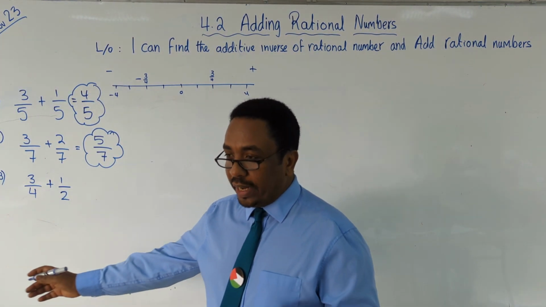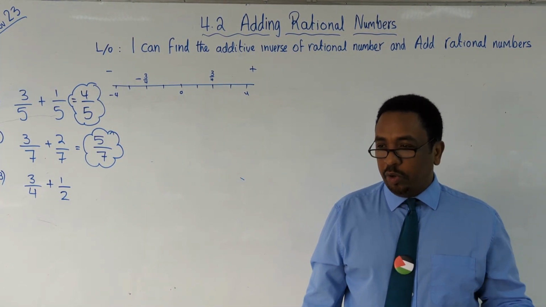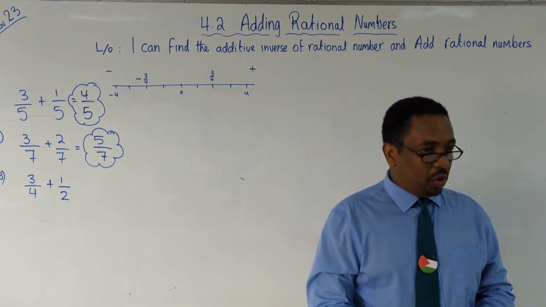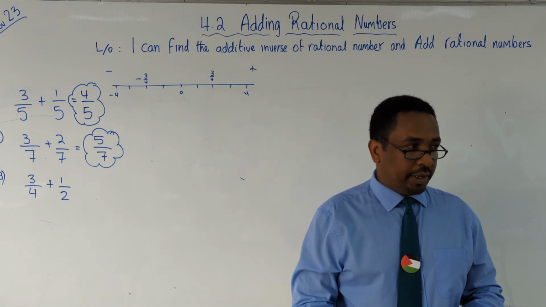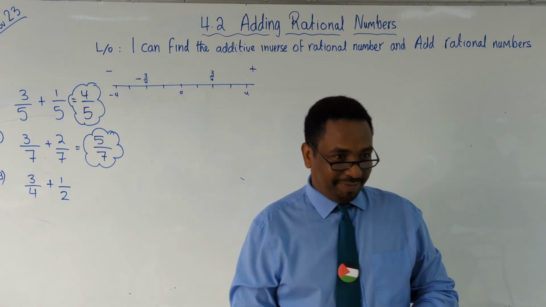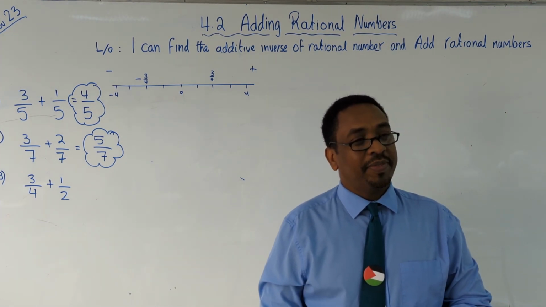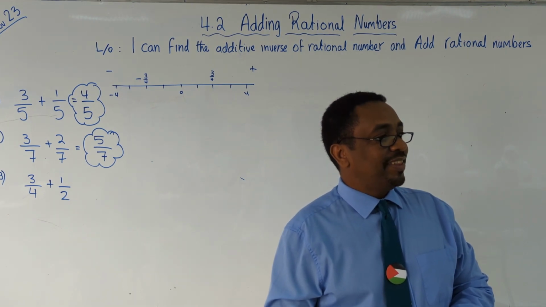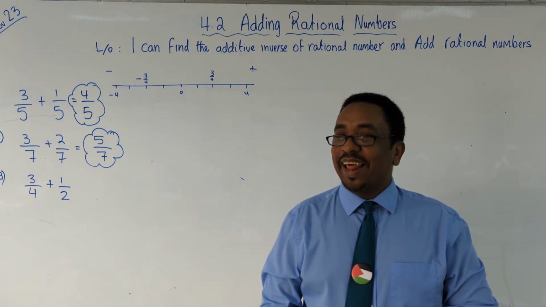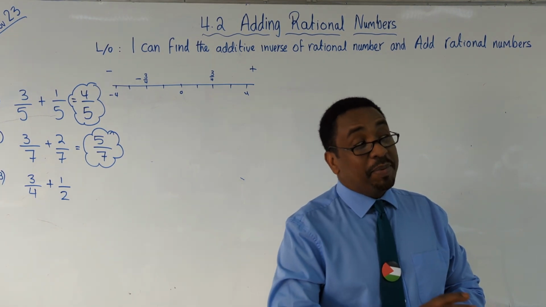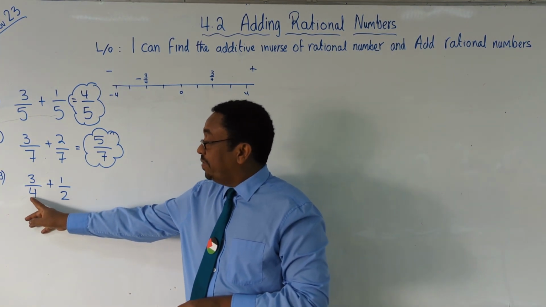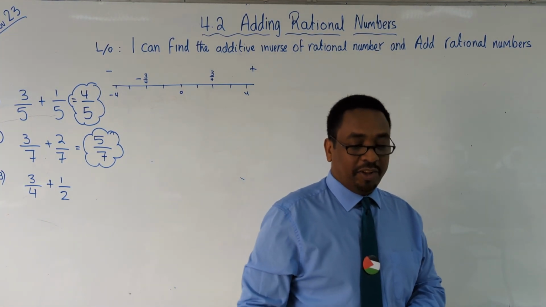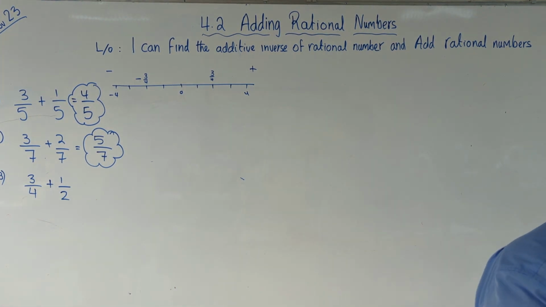We can see the denominators are not the same. What do we do? Anybody know what we do before we add? Yes, go ahead. We times it? What about you? Anyone else? We add them, but we are not allowed to add them if the denominators are different. So what do we do? Go ahead.